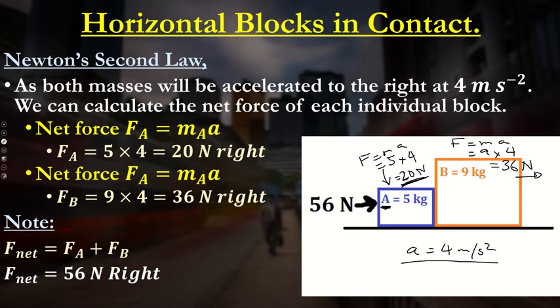So that's the net force on A, and that's the net force on B. What you should find is these two forces should add up to 56 newtons. So the net force on A and the net force on B should add up to the overall applied force of my system, which is what I have here.